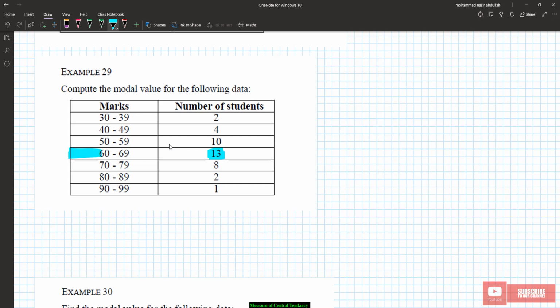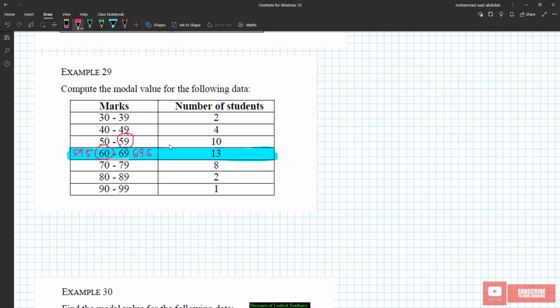So this is the modal class. Since we know this is the modal class, and we look at the class limit here, this is not a class boundary. To calculate the class boundary, 59 plus 60 divided by 2 is 59.5. And this one should be 69.5.